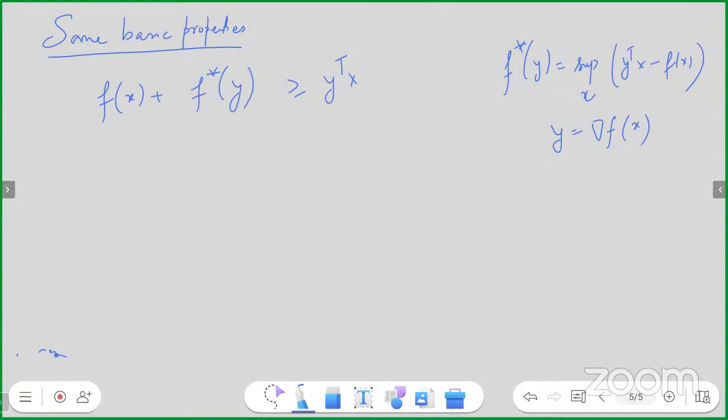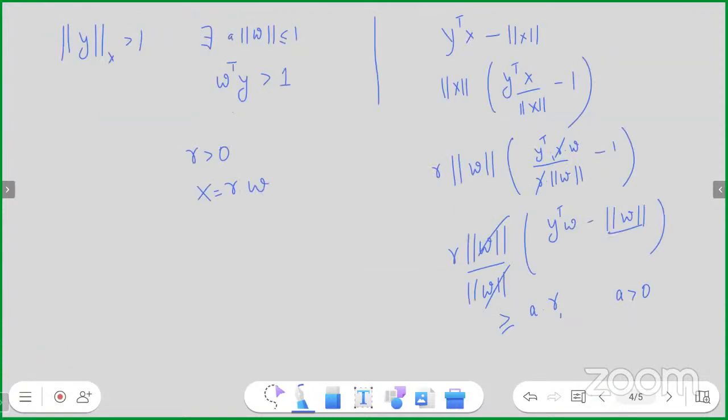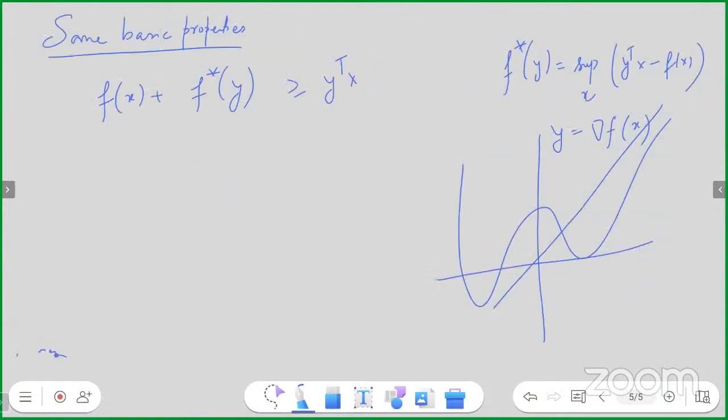If you remember the picture I drew, I have to make sure that f is differentiable. That's roughly what my picture was. And let's say this is my line, which is somehow shifted.